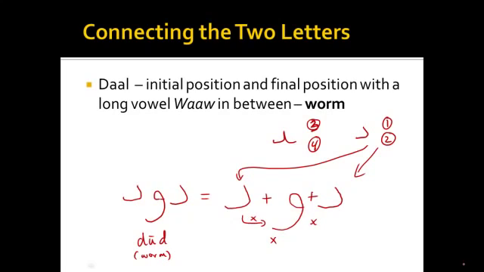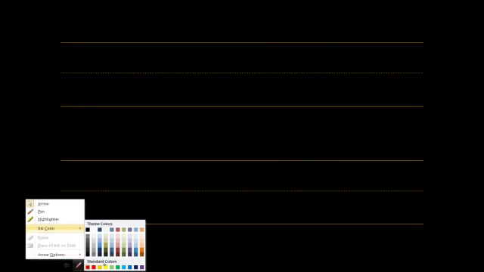Great. Let's write it a few times. Change my color again to yellow. So we have here dood. Daal, waw, daal. Let's do it again.